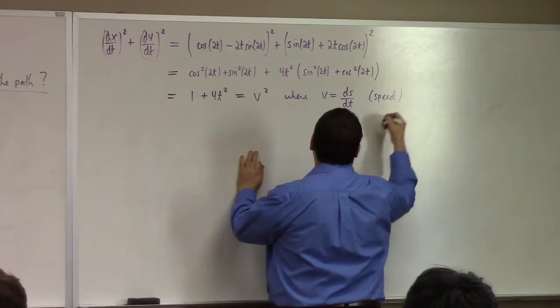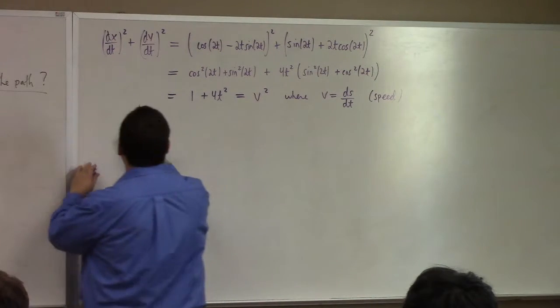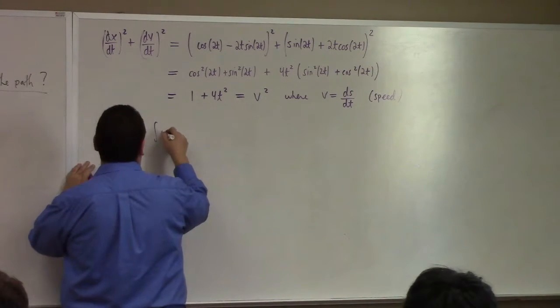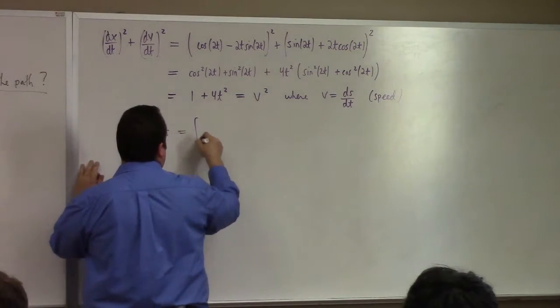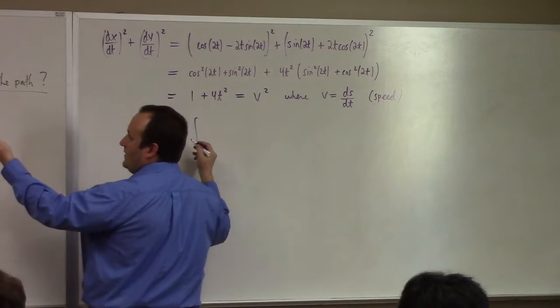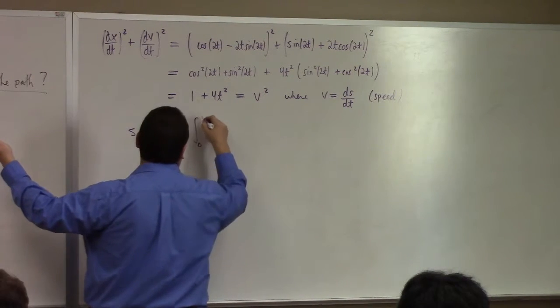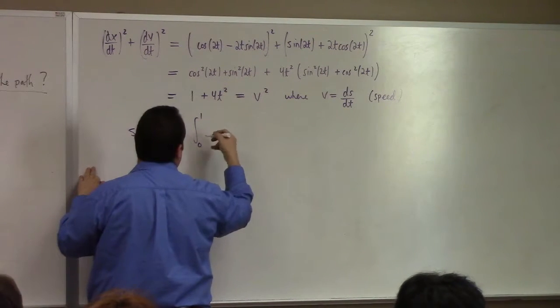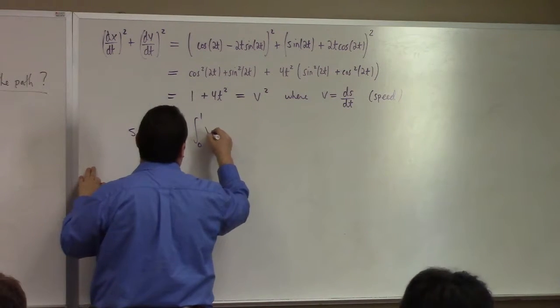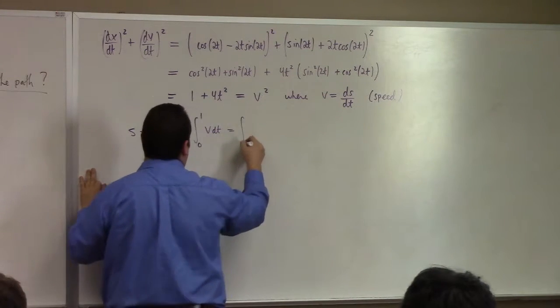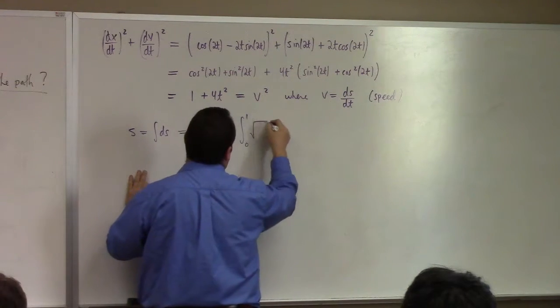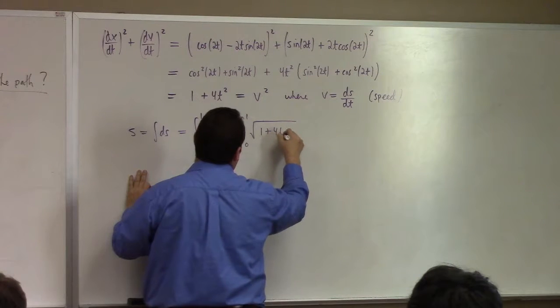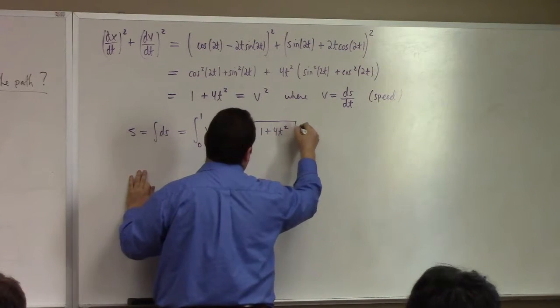So how do we calculate the arc length? We integrate that, right? S is equal to the integral of ds, which is, in our case, the integral from time 0 to time 1 of v dt, which is the integral from 0 to 1 of the square root of 1 plus 4t squared dt.